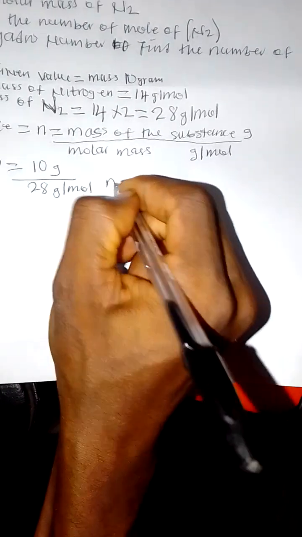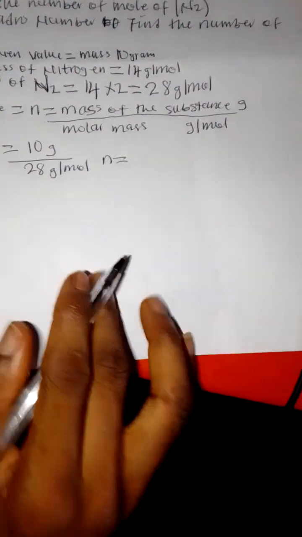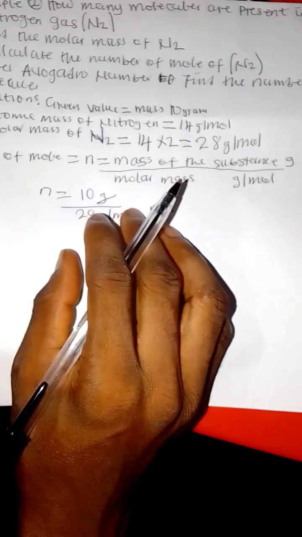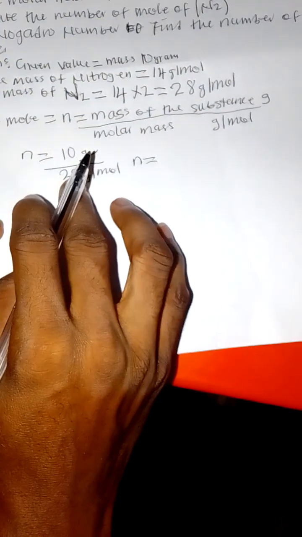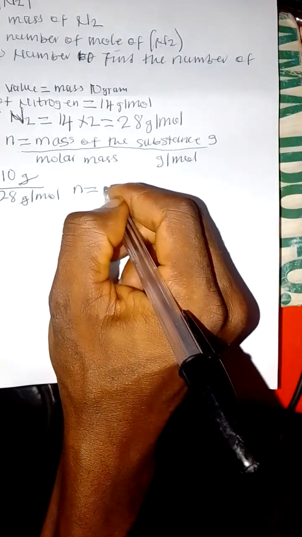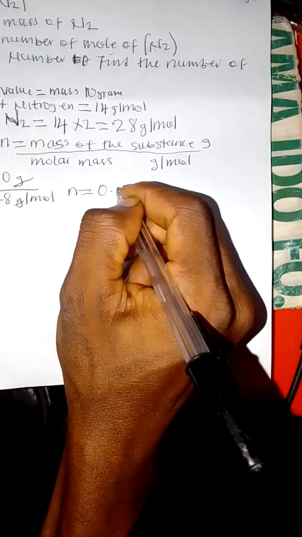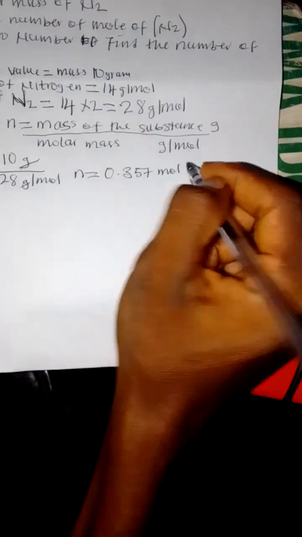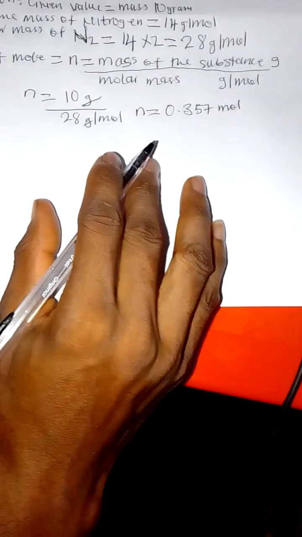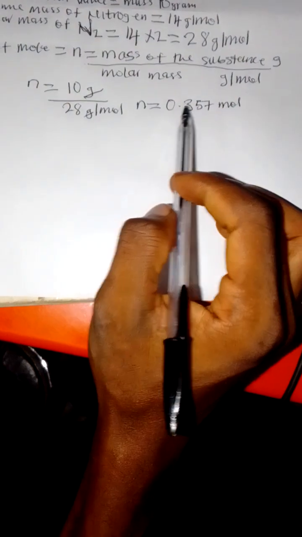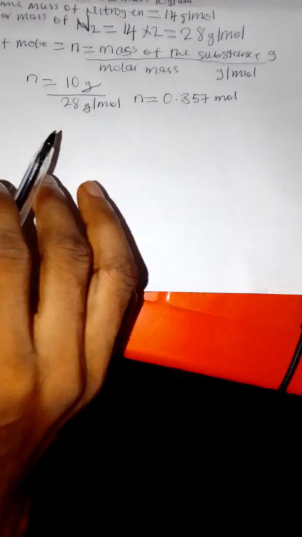So the gram will cancel out the gram, and we have 10 divided by 28. If you use your calculator, you find that the answer will be 0.357 moles. So the number of moles is 0.357 moles.